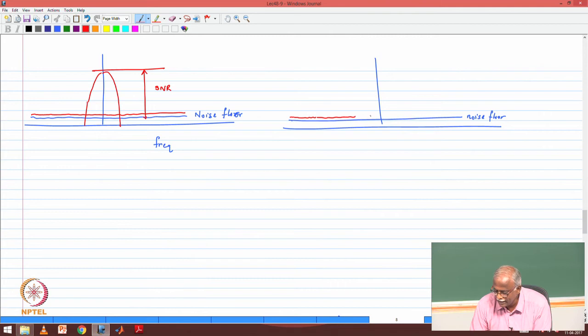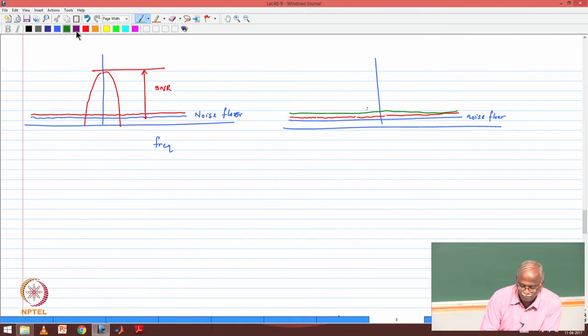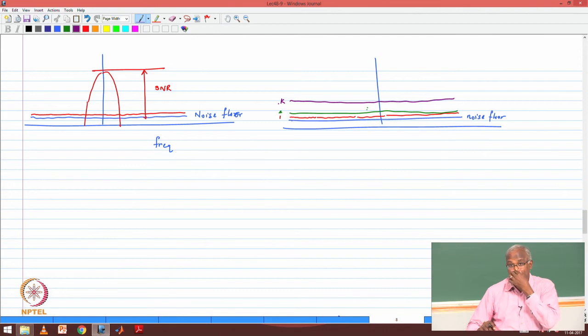User number 1 is adding some increase in the noise floor, then user number 2, and then finally user K. Okay. So red is user number 1, green is user number 2, and purple is user K. So each of them have been spread. So this is my environment in which I am detecting my signal.